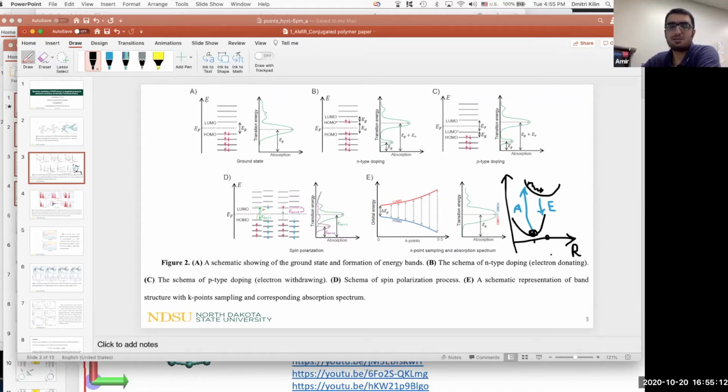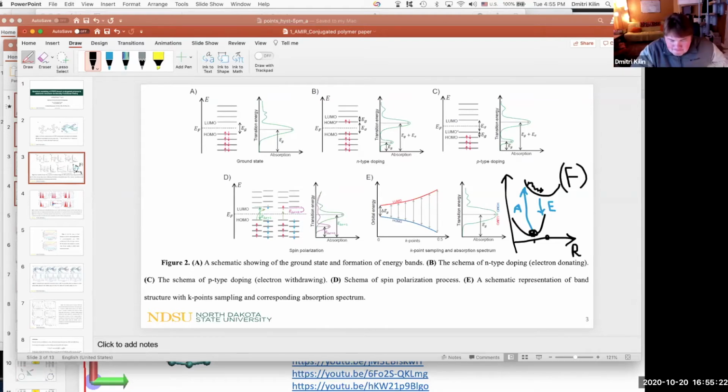Okay, makes sense. So we excite the system and let it try to optimize the geometry on a different potential energy surface, with a different level of energy surface. Okay. I'm stopping to share. Okay, thank you for the comment.